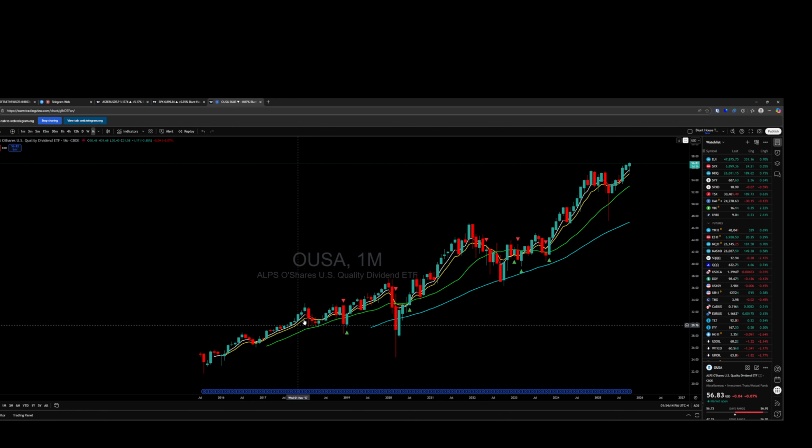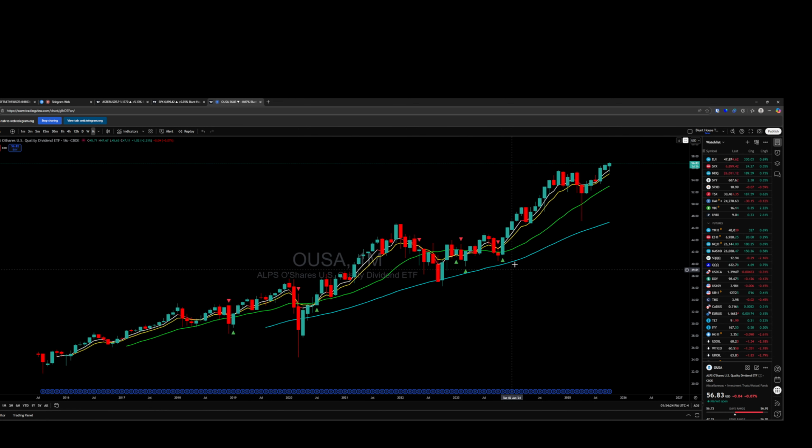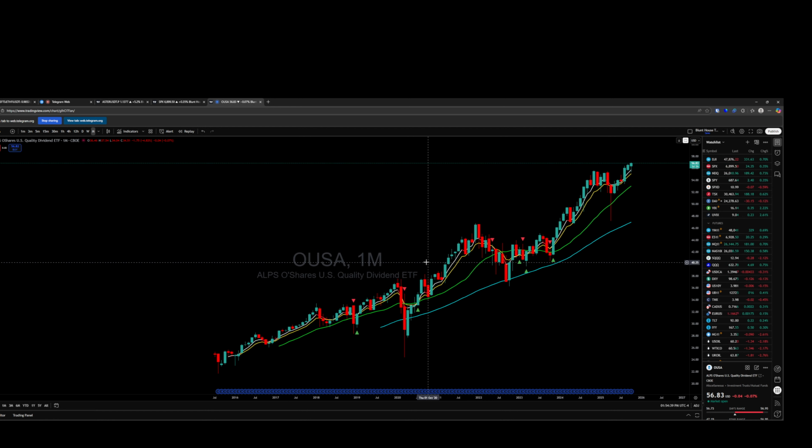You've got nice moves higher, reasonable retracements, moves higher, reasonable retracements. This is kind of a healthy ebb and flow. This is obviously a very bullish move, and even with that big nasty candle from a while back, you regained all that super quick. So it's a bullish chart. Where it goes from here, I don't know.